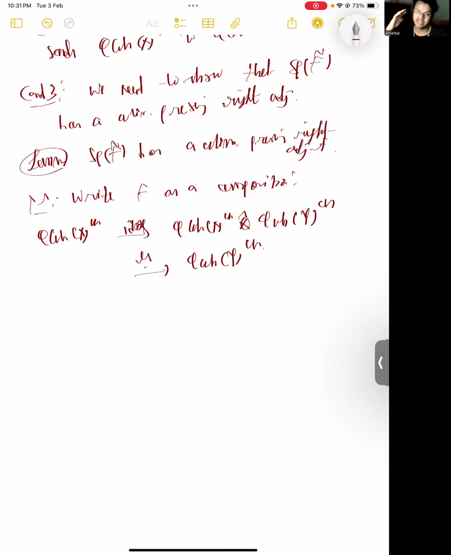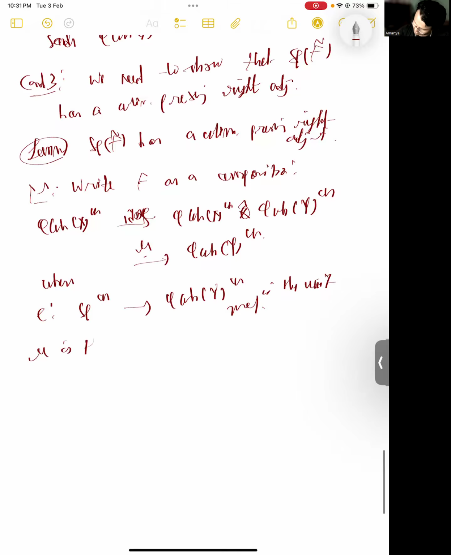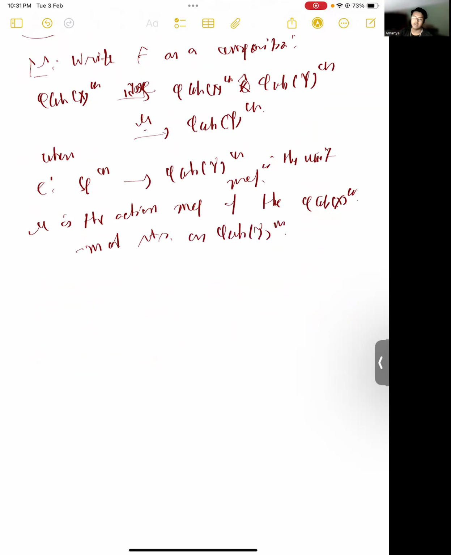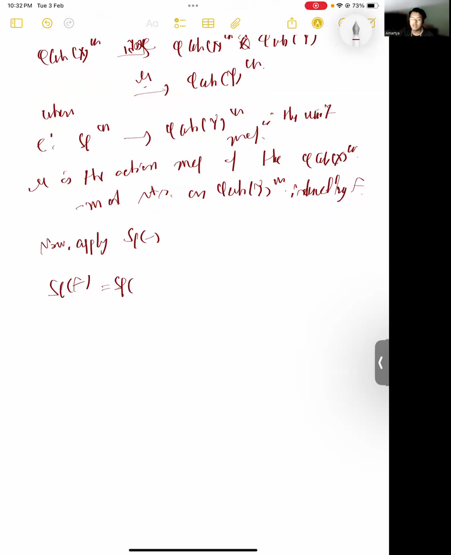Where this e from connective to connective is the unit map, that is basically induced by Y to Spec S. And mu is the action map of the QCoh X connective module structure on this QCoh Y connective, induced by this F. Okay, so now apply P. So then this is P F, P of mu.